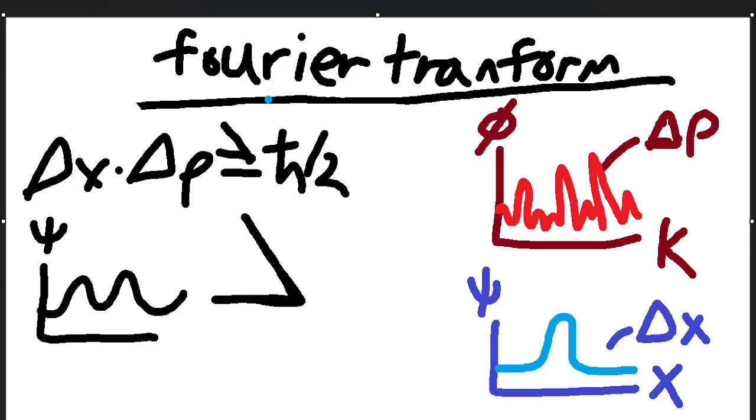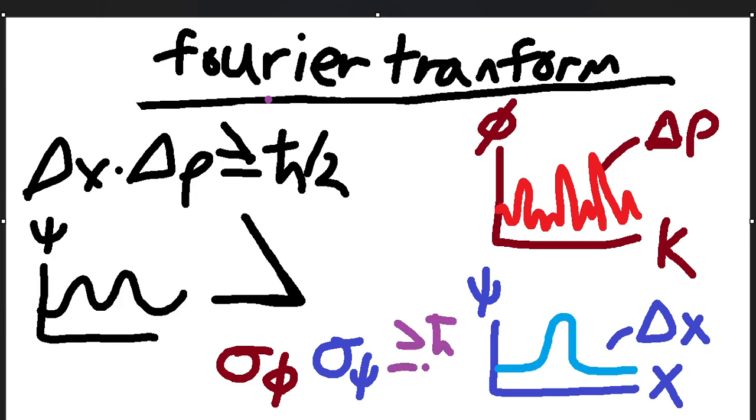And you can see how these go together. Technically, the proper way of writing this is that sigma of phi times sigma of psi must be greater than or equal to h bar over 2.